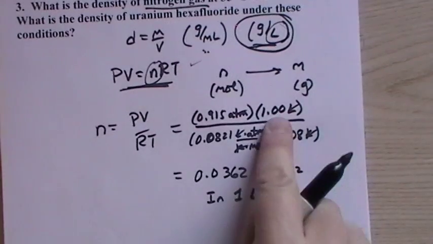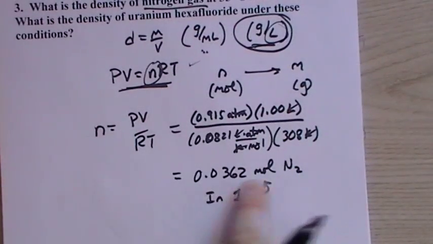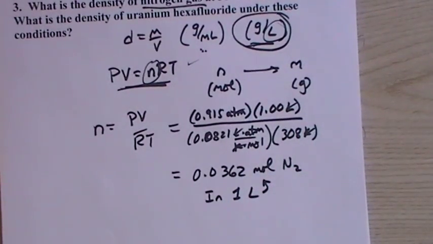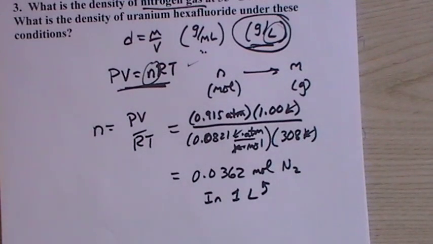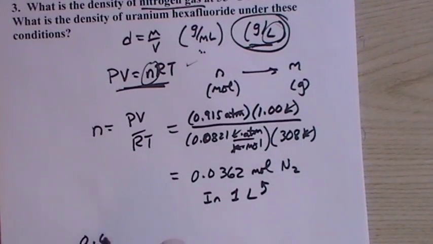Now if I had chosen this as a 2, then this would be twice as much. So you can use any volume that you want. 1 liter just makes the calculation a little simpler. The more ones that are part of a calculation like this, the less work you have to do on the calculator. Now we have 0.0362 moles, and we can say per liter.